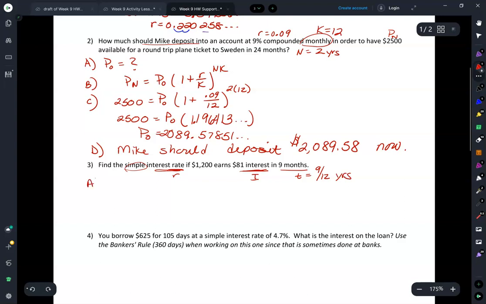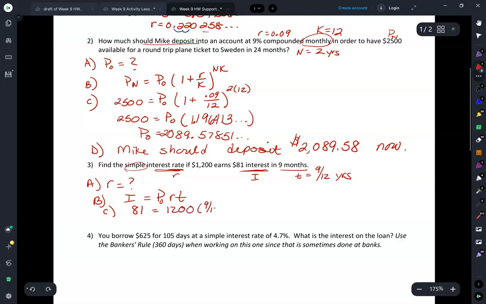So I'm trying to find the rate. I need to use the formula I equals PRT, or P sub 0 RT. And then I need to just plug things in and solve. So I have 81 equals P sub 0 is $1,200.